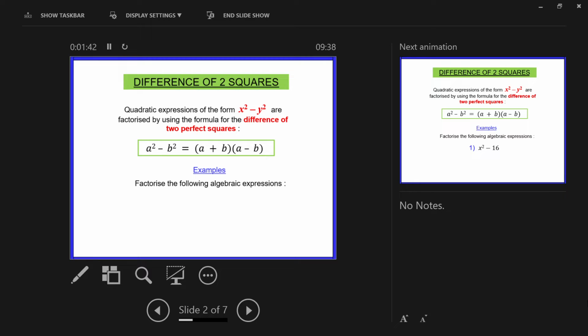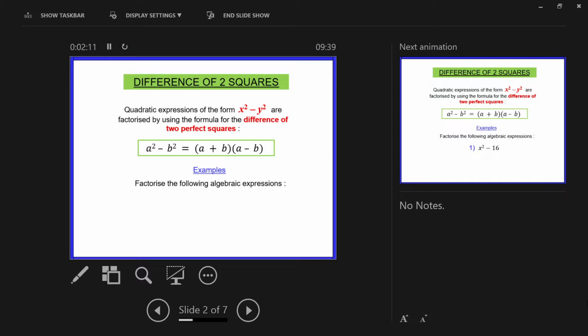If there's a plus, it means I can't do difference of two squares. Right? Then the third thing, you will see that they talk about two perfect squares. Meaning, I must be able to get the square root of that without having a remainder and commas and decimals and all of that, okay? And also be able to get the square root of this one. Okay, so those are the three requirements, and I'll write them down later.